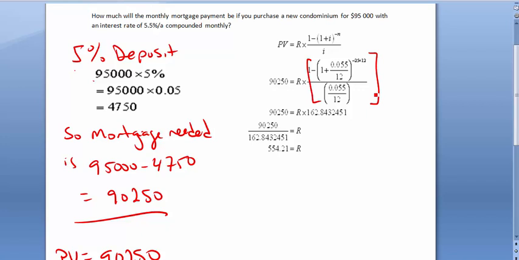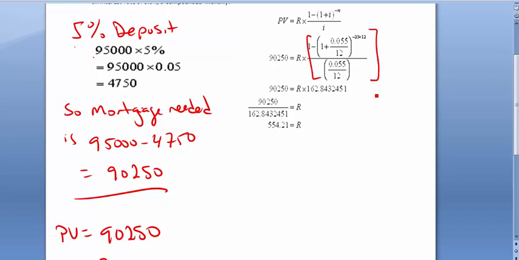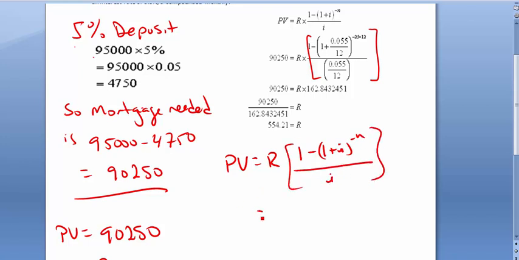Some people have trouble with the calculator for that, so to make it a little easier, I'm going to do the same thing again. PV equals r times 1 minus 1 plus i to the negative n, over i. So 90,250 equals r times 1 minus 1 plus, let's go ahead and do this, 0.055 over 12.